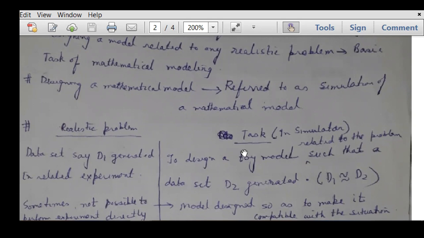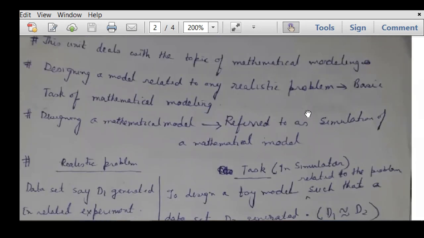So basically, designing a mathematical model, which is sometimes referred to as the simulation of a mathematical model, is the basic task whenever we talk about mathematical modeling. Mathematical modeling just deals with designing any model corresponding to any realistic or real life situation.